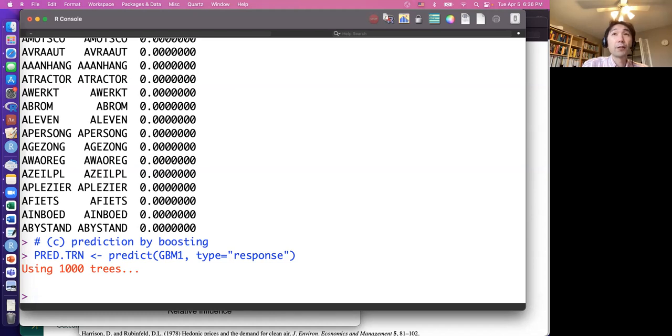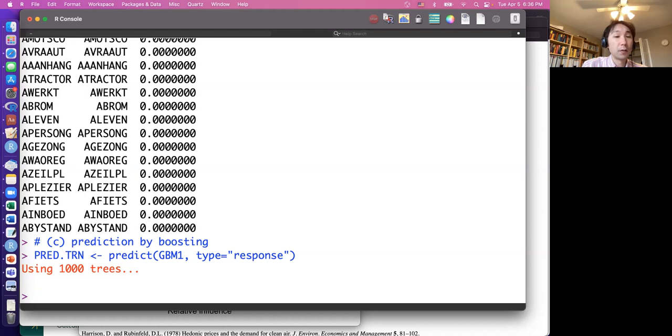Using 1,000 trees, each tree just returns 0 or 1 for each observation. Sorry, predict with the GBM. I think the algorithm itself is not entirely clear, but using 1,000 trees, we calculate the predicted values.